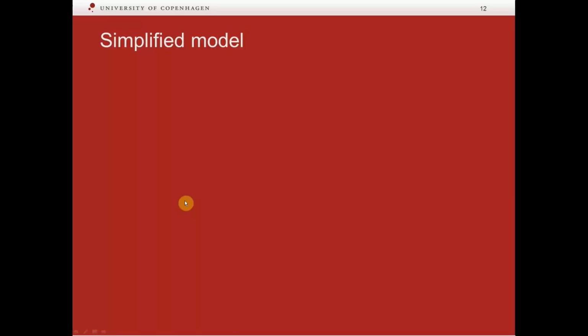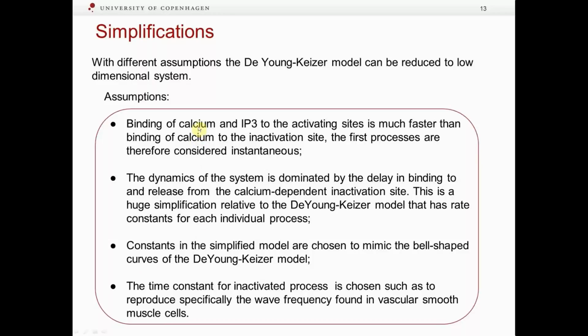The de Jong-Kaiser model is rather extensive since there's a lot of different states to keep track on. It requires a simultaneous solution of very large sets of differential equations. Therefore, a simplified model has been developed, and the simplifications required for this simpler model is shown here.